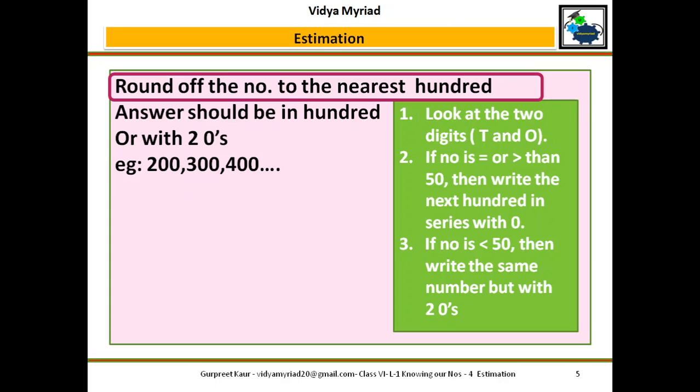If your tens and ones, that means your two digits from your right side, are greater than or equal to 50, then we will move to the next hundreds place. But if it is less than 50, we will keep it at the same place, but we will just put two zeros in it. Now this will be clear with the help of an example.